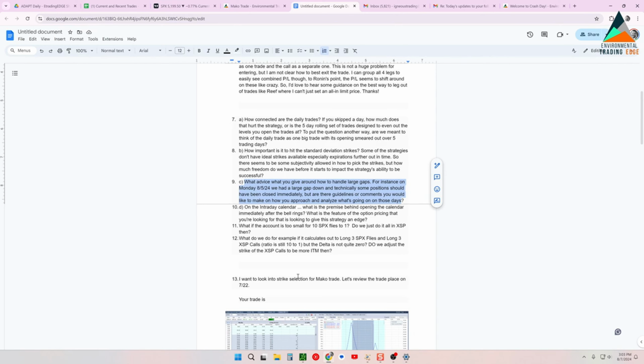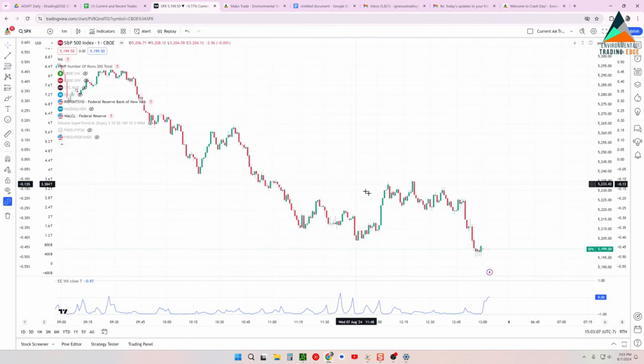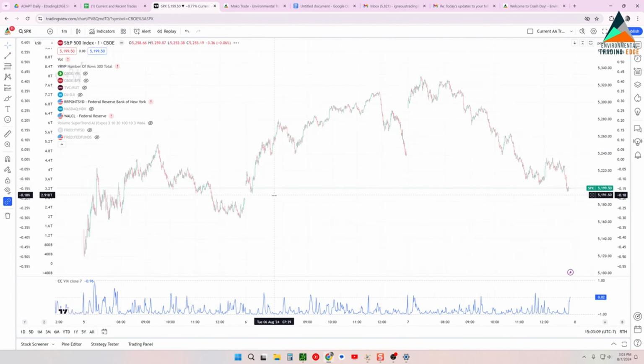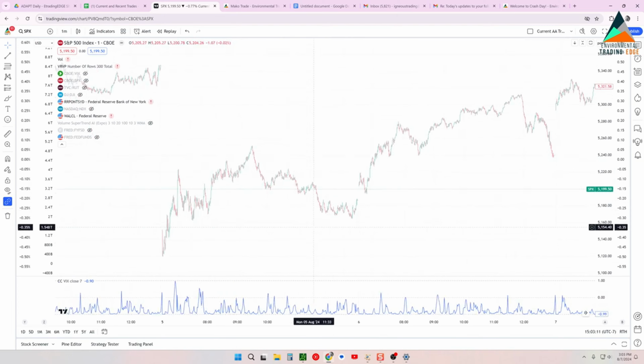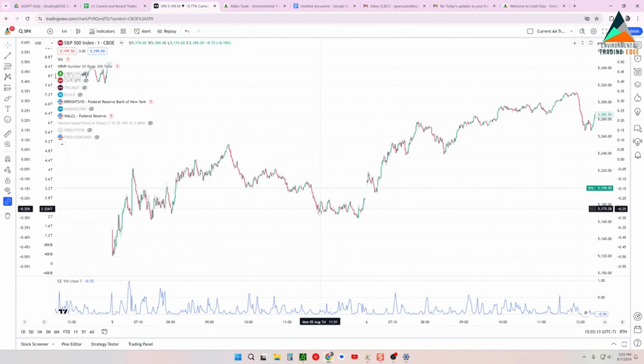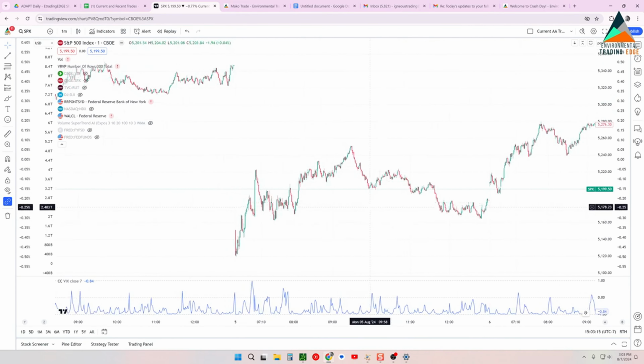Also, something that I'll point out right here is let's go back to the 5th. This is a very, very common situation that happens on big gap down days. Typically we want to try to retrace half of the gap.